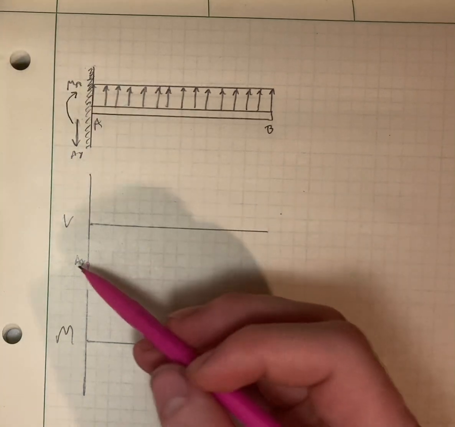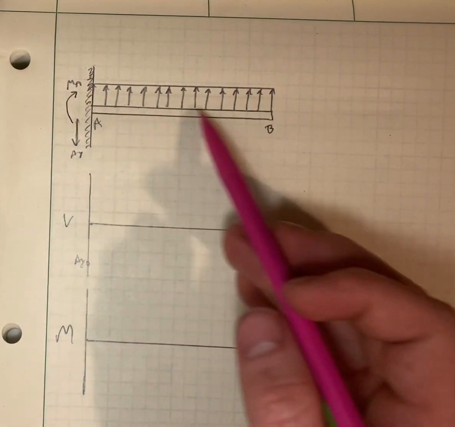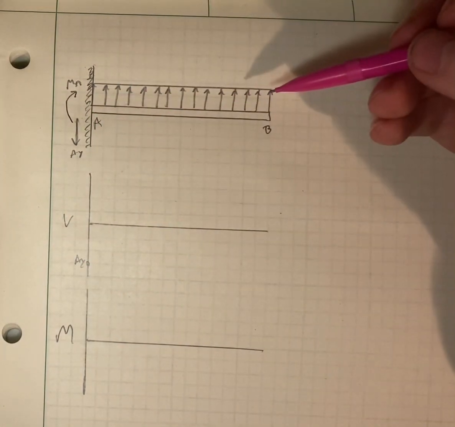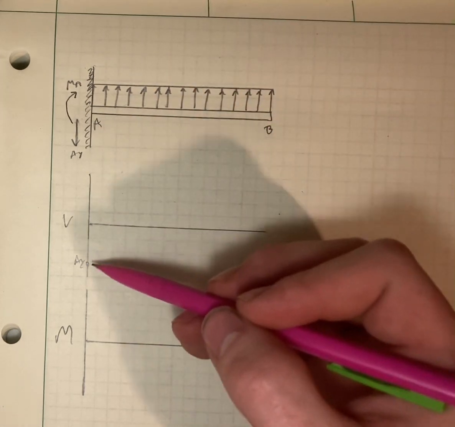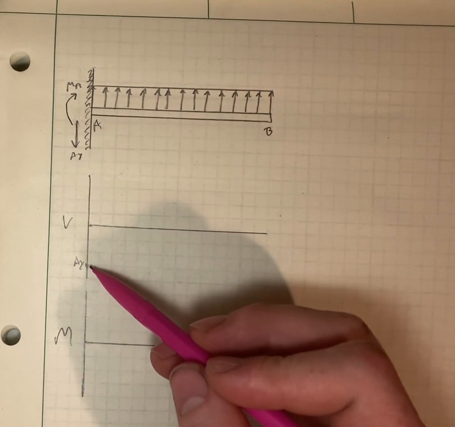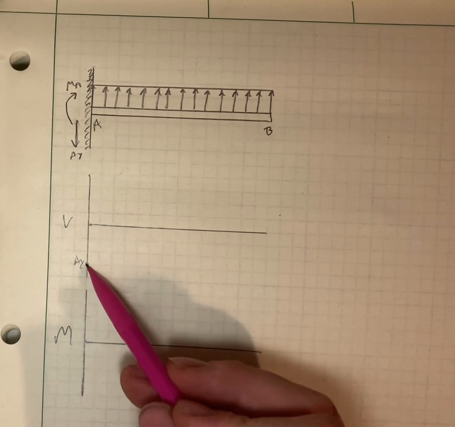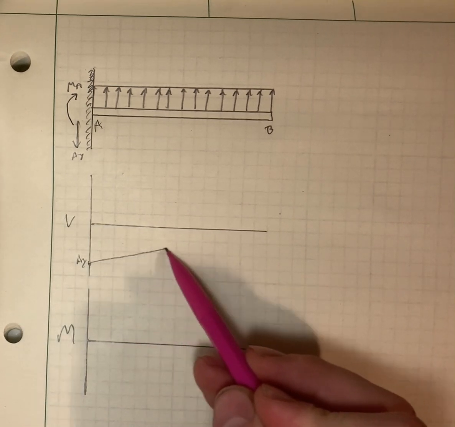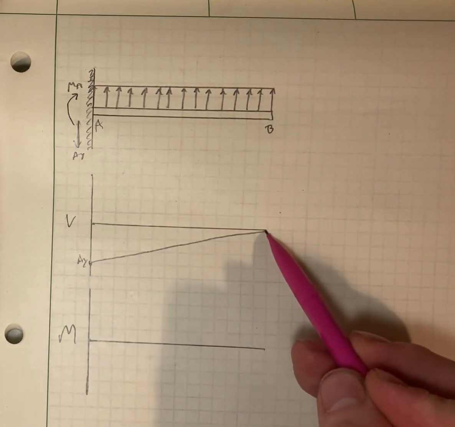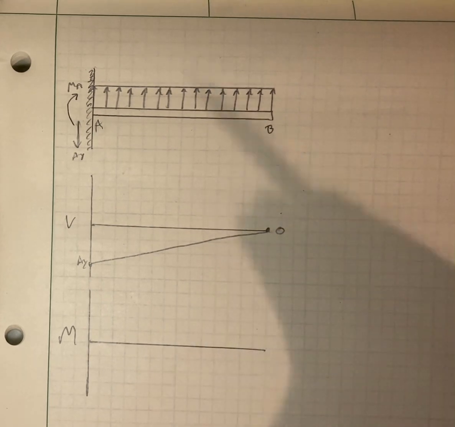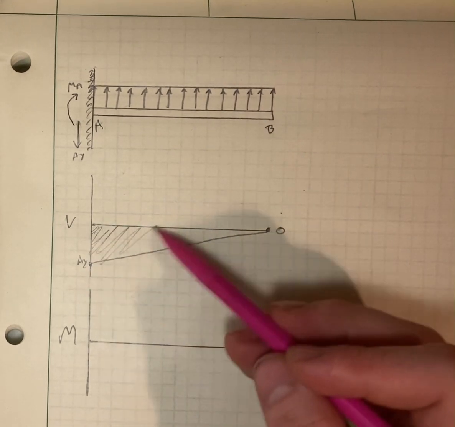So we started down here at A, Y, which would be the sum of all these. It'd be the force over the distance. So that's the whole thing right there, but it's negative. And then over time, we get more and more of the force until it brought us back up to 0, right? Easy enough.